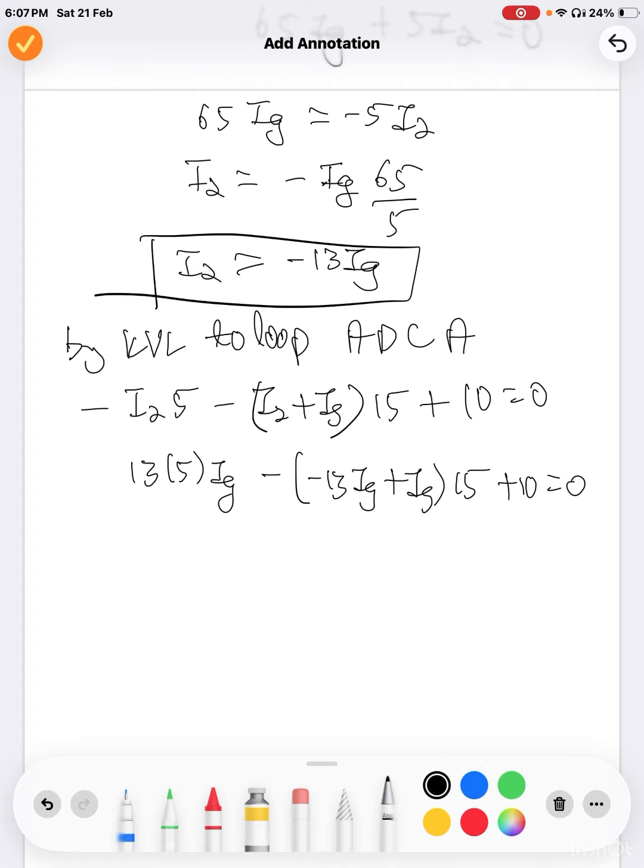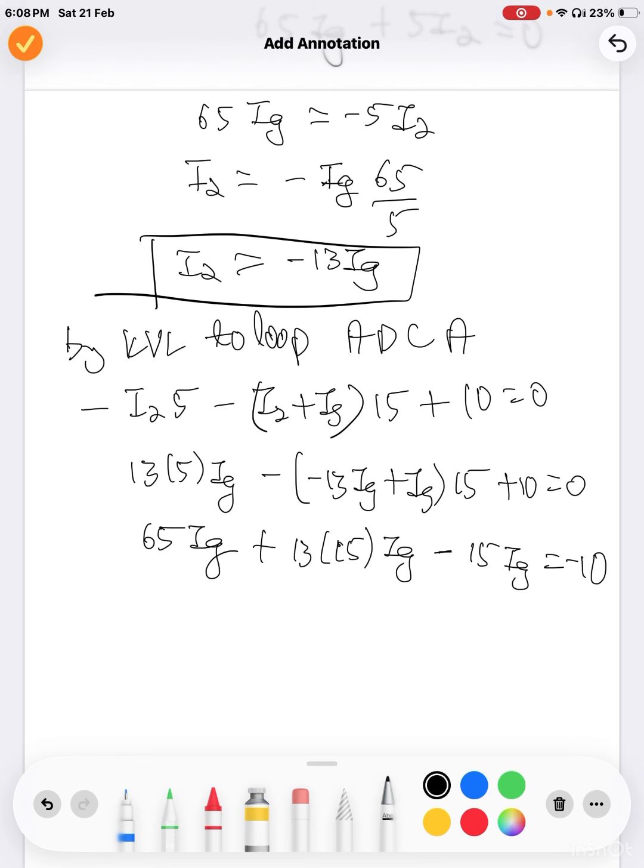So if I simplify this, everything is Ig. So 65 Ig, minus into minus plus 13 into 15 Ig, minus 15 Ig equal to minus 10.